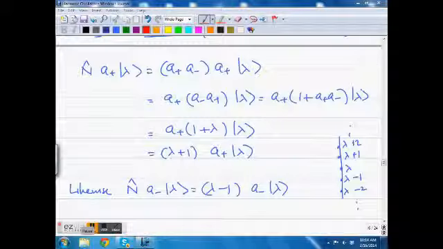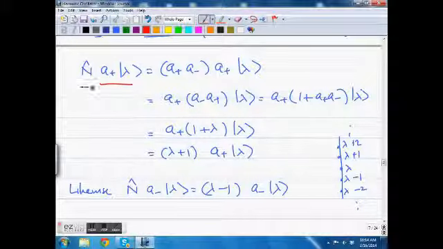The way we show that is by simply acting on the state, say a plus lambda, with the number operator. So if I write it out, the number operator is a plus times a minus, and then it acts on a plus acting on lambda. Now we are going to assume that the operators are such that their multiplication is associative.